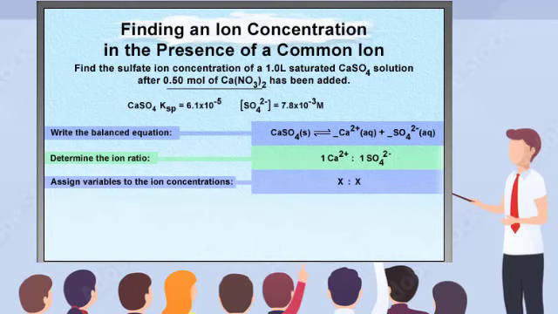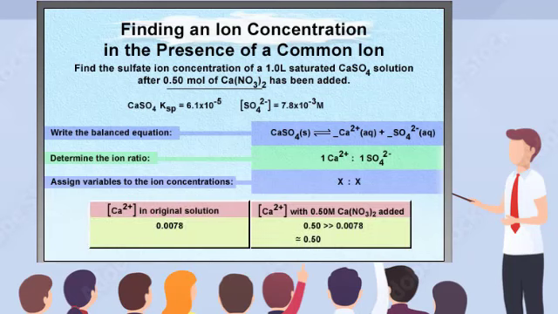However, the additional calcium ions from the 0.5 moles of calcium nitrate must be taken into account to determine the sulfate ion concentration in the solution. Comparing the concentration of calcium ions in the original solution, 7.8 times 10 to negative 3 molar, to the amount of calcium ions added, 0.5 molar, reveals a difference in calcium ion concentration.